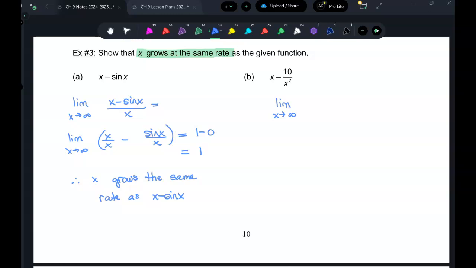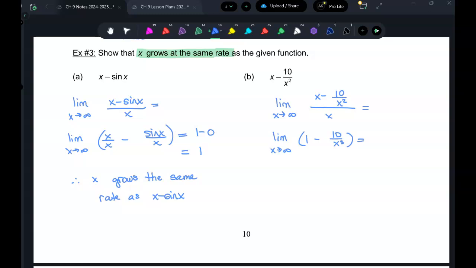Okay, x minus 10 over x squared. I would still put that one in the numerator. So x minus 10. Again, these do not require L'Hopital's rule. If you're just putting it over x, I would just simplify it algebraically. So it would be what? 10x cubed divided by x. 10x to the negative. Thank you.